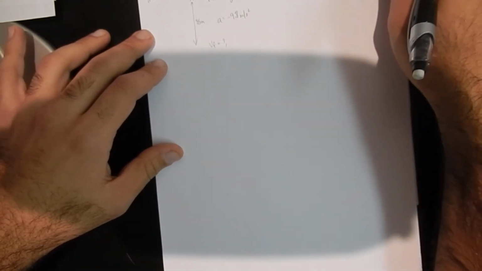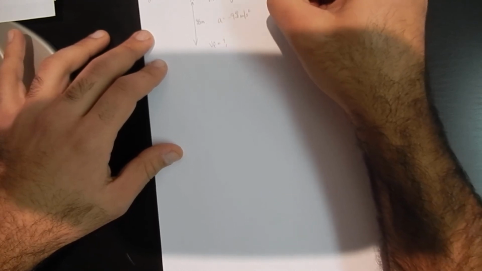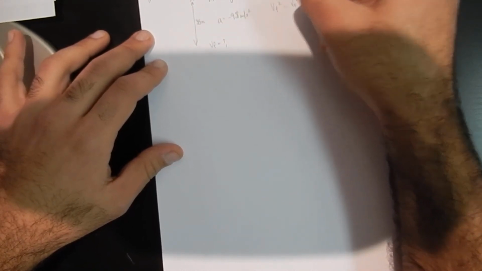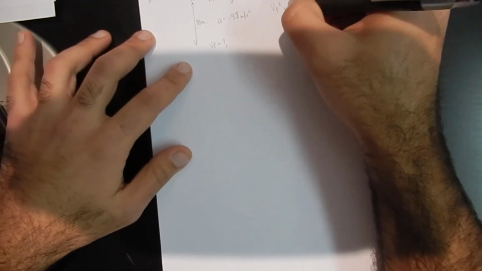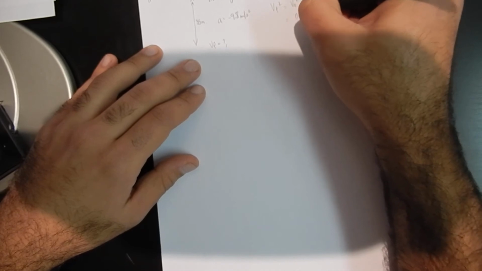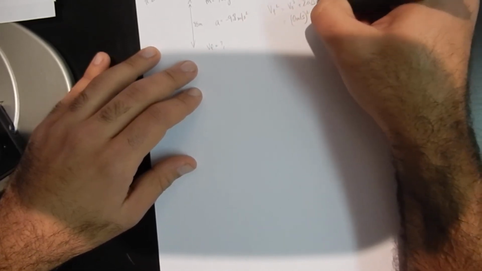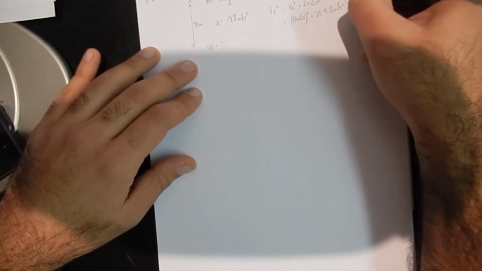All right? So if I want to find what his final velocity is, it's pretty simple. I use the formula Vf squared is equal to Vo squared plus 2a delta d. And his Vf squared is the unknown. The Vo is 0 meters per second, all that squared, plus 2 times negative 9.8 meters per second squared times 35 meters.